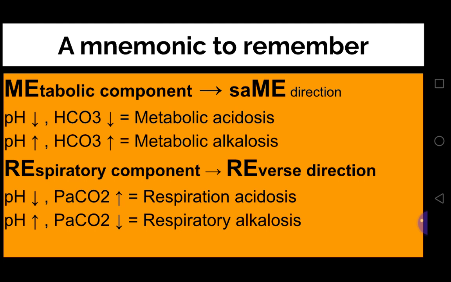And if pH is high and bicarbonate is also high, then it is metabolic alkalosis, right? And as I discussed, carbon dioxide partial pressure has an inverse relationship with pH. So when pH is low and carbon dioxide is high, then this is respiratory acidosis. And when pH is high and partial pressure of carbon dioxide is low, then this is respiratory alkalosis.